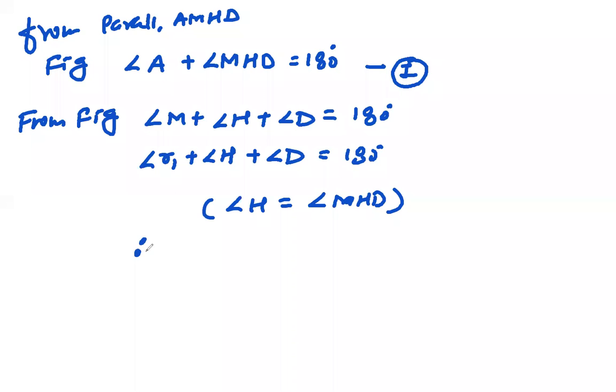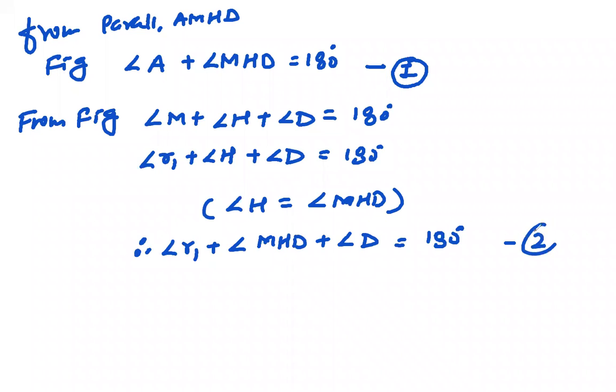So our equation will be angle R1, angle MHD and angle D equals 180 degrees. Now comparing equation number 1 and equation number 2, equation number 1 equals equation number 2.